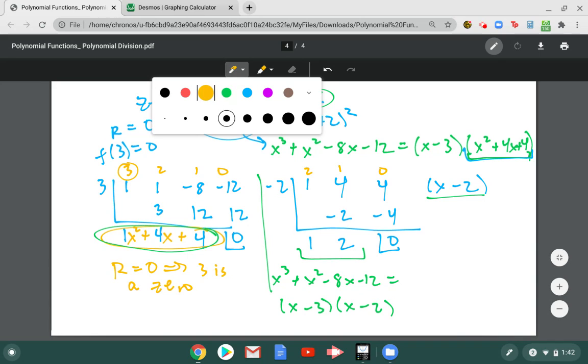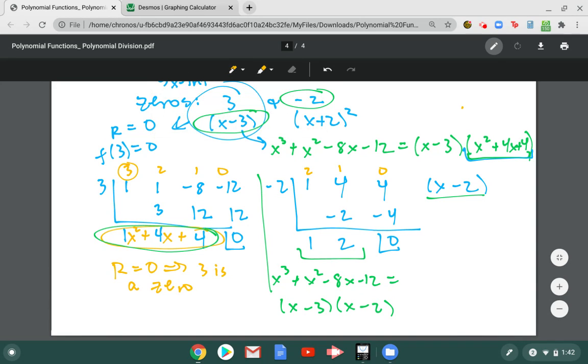My quotient was degree 2, so this is going to be x plus 2. I think I wrote this wrong. This should be plus, so get that corrected. -2 comes from a factor of x plus 2. Okay, so x plus 2. And then I can throw my quotient in there as well, x plus 2.